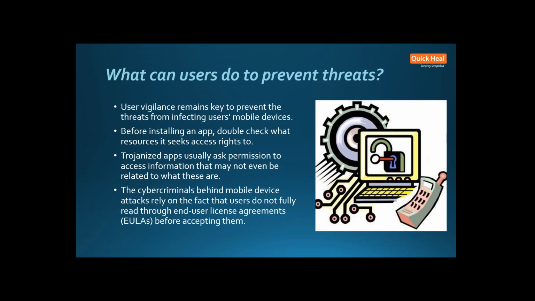Let me give you an example here. Say, for example, you are downloading a game. This game has nothing to do with your phone book. Might be, as I said earlier, if it's a racing game and it requires vibration, then it may request for that permission.